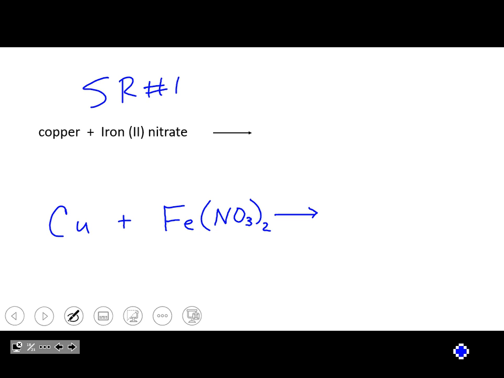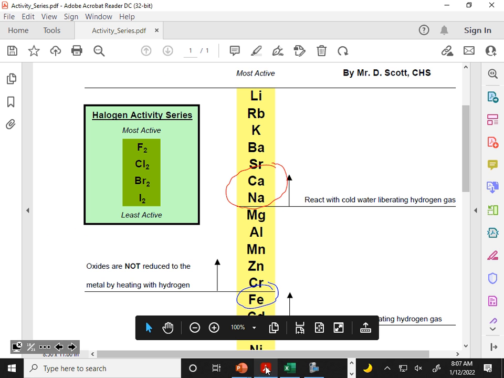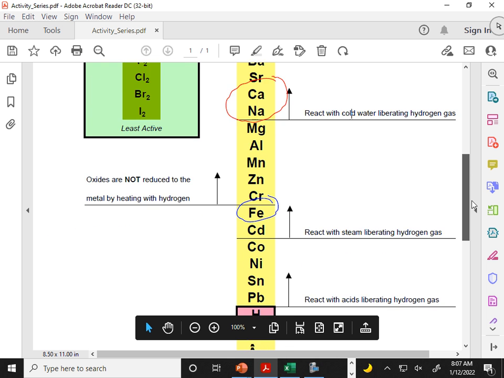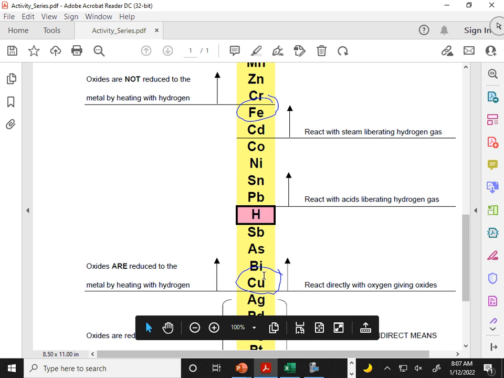Now I need to go back and check my activity series. We've done this before, except we had it the other way. Is copper, all the way down here, active enough to replace iron?